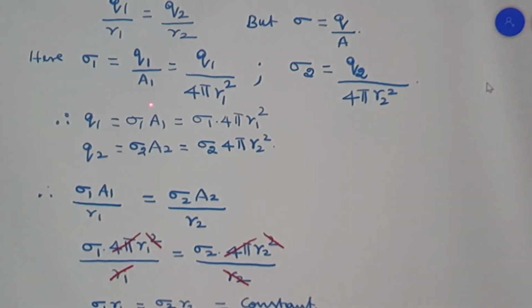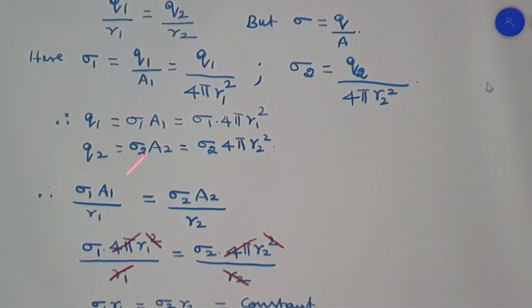The area of the sphere is 4 pi R square. So sigma 1 is equal to Q1 by 4 pi R1 square and sigma 2 equal to Q2 by 4 pi R2 square. On cross multiplying, we can say Q1 is equal to sigma 1 into A1, that is sigma 1 into 4 pi R1 square, and Q2 is sigma 2 into A2, that is sigma 2 into 4 pi R2 square.